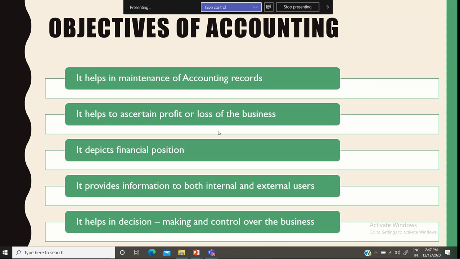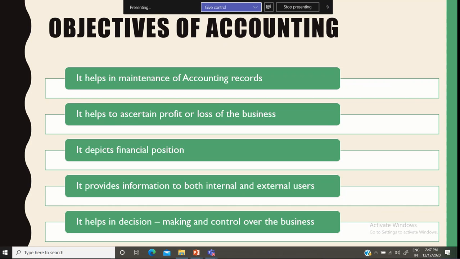And next, to know their profit or loss at the year end, they need to know their profitability position. For that purpose we maintain the books of accounts. The trading account is prepared, then the profit and loss account is prepared, everything to know the net profit or net loss of that business.